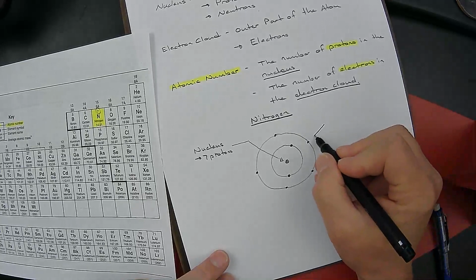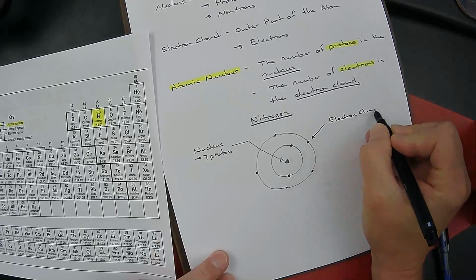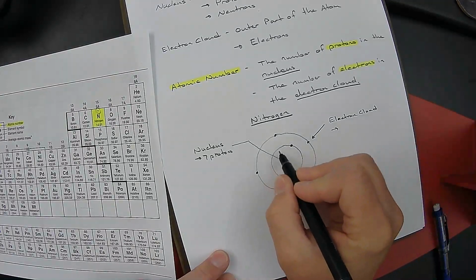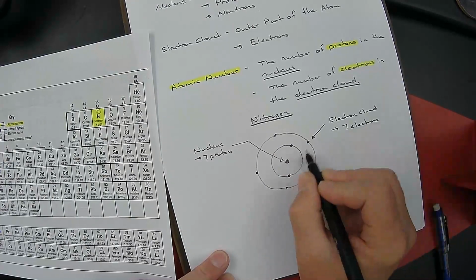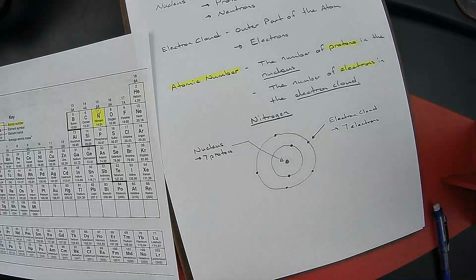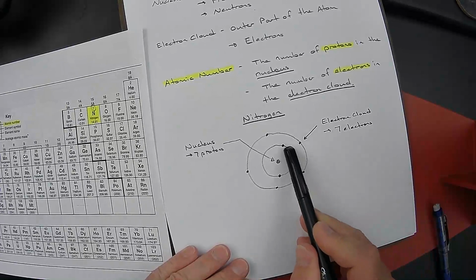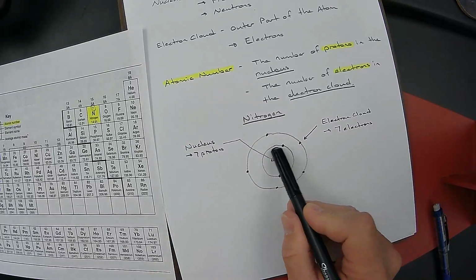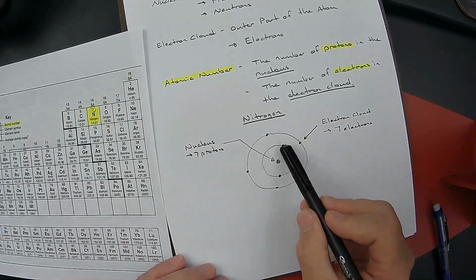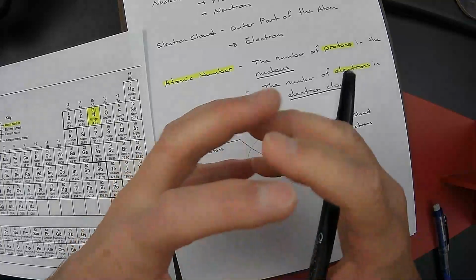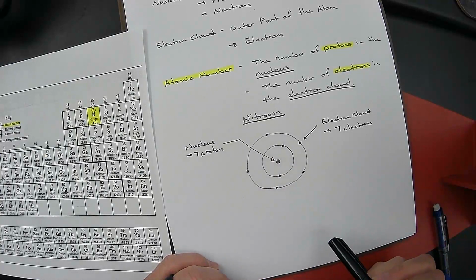There's also the electron cloud, the outside of the atom, this whole outer area, and there are 7 electrons distributed around the outside. We found out that the electron cloud has 2 areas of space. You can think of the inner area like a ping pong ball, with 2 electrons flying around its surface, and maybe this one like the surface of a tennis ball, with 5 electrons flying around it.